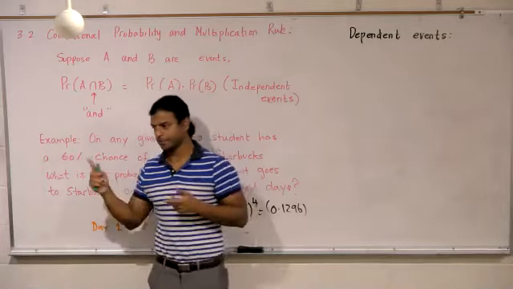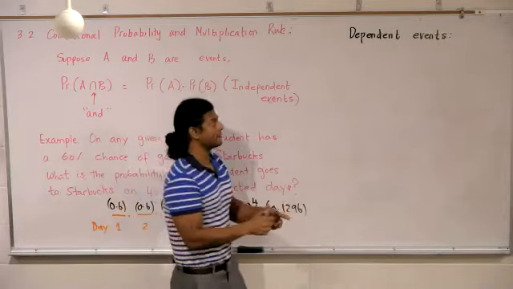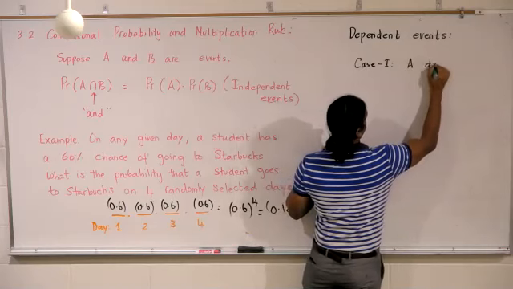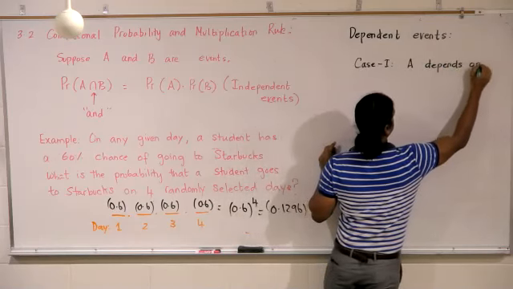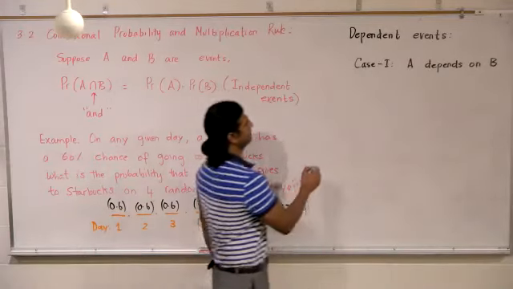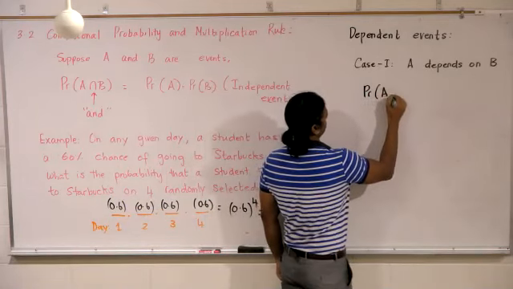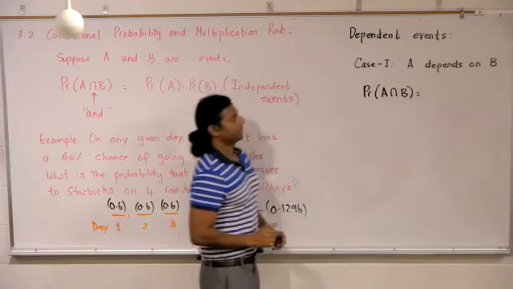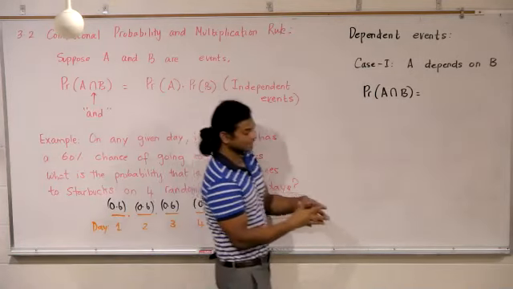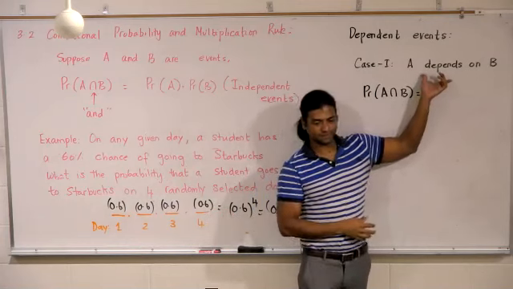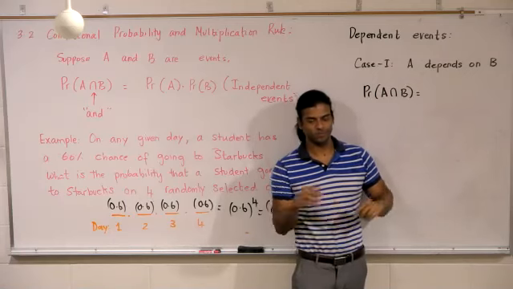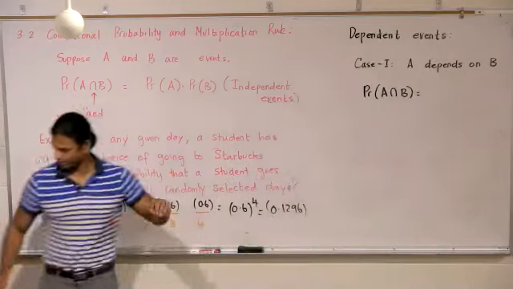Either A could depend on B, or B could depend on A. If I want to find the probability that A and B would happen together, and I'm given the fact that A depends on B, which event should have occurred first, A or B? B. So the process is the same.